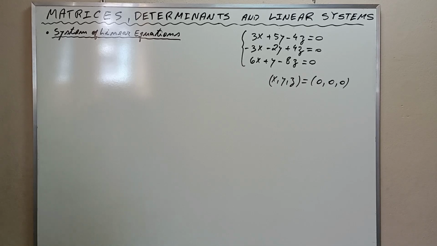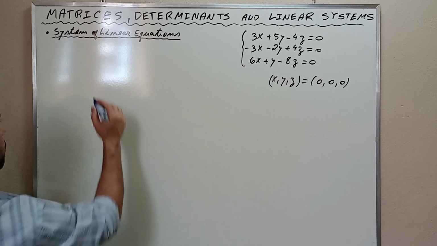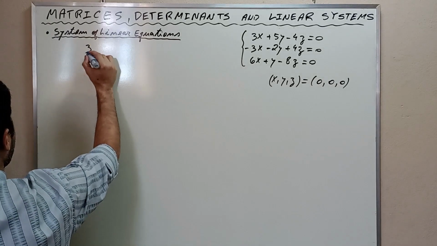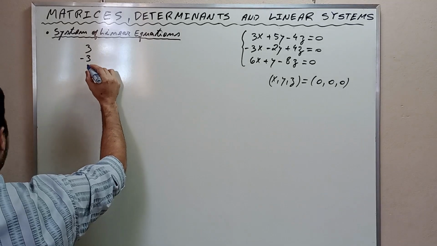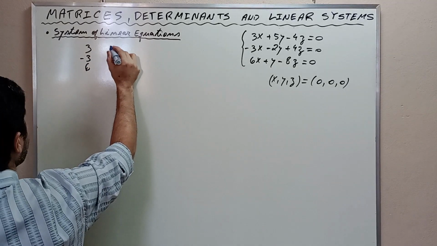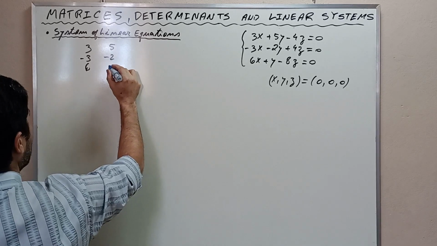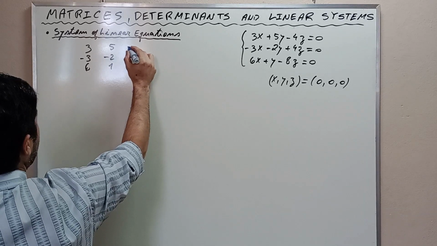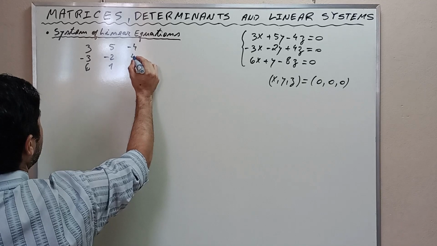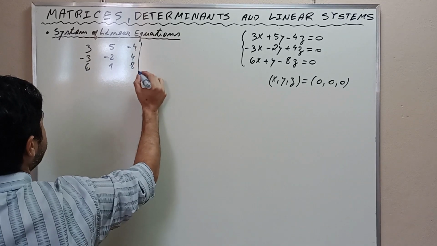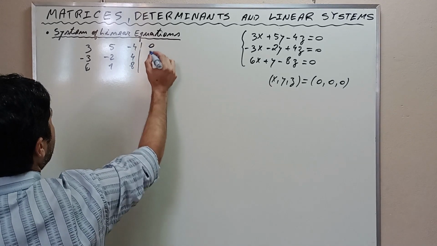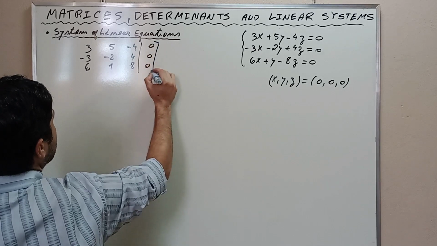And to do this, we will operate on the rows of the augmented matrix. Let me write the augmented matrix. Five, negative 2, 1, negative 4, 4, 8, 0, 0, 0.